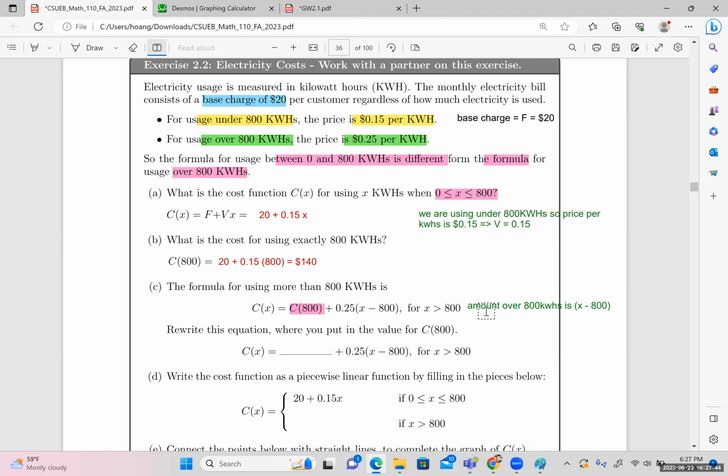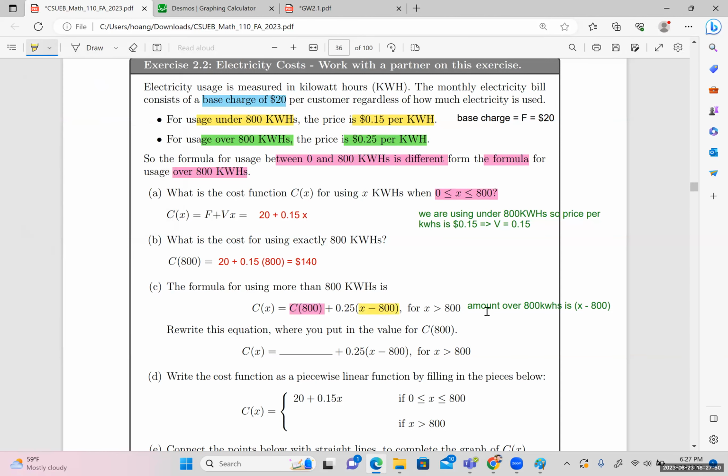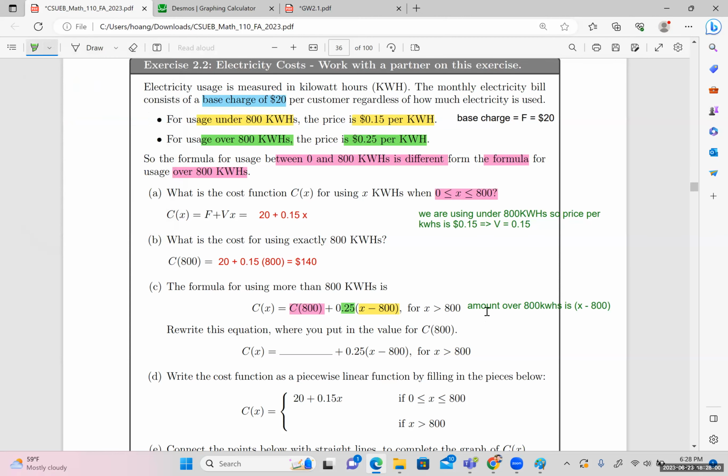And that's the reason why I am having x minus 800 here, and multiply with the new rate. The new rate was 0.25. Okay.